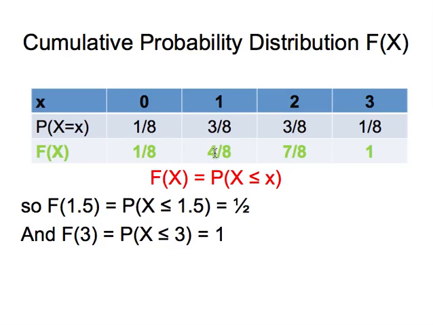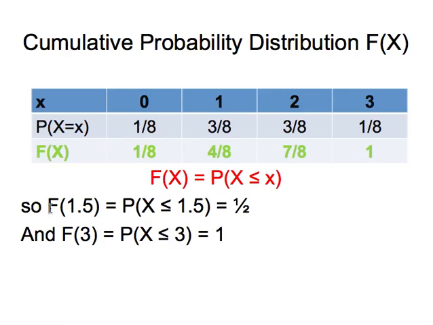The next one will be 4 over 8, because that's 1 over 8 plus 3 over 8. Now I'm going to add 3 over 8 to give me 7 over 8. Then I'm going to add 1 over 8 to give me 1. Of course, the sum of the probabilities must be equal to 1, so this final value must always be equal to 1.